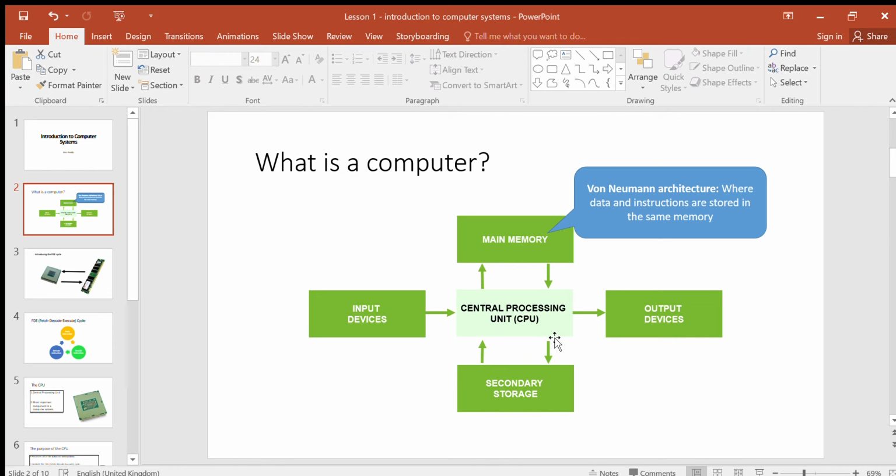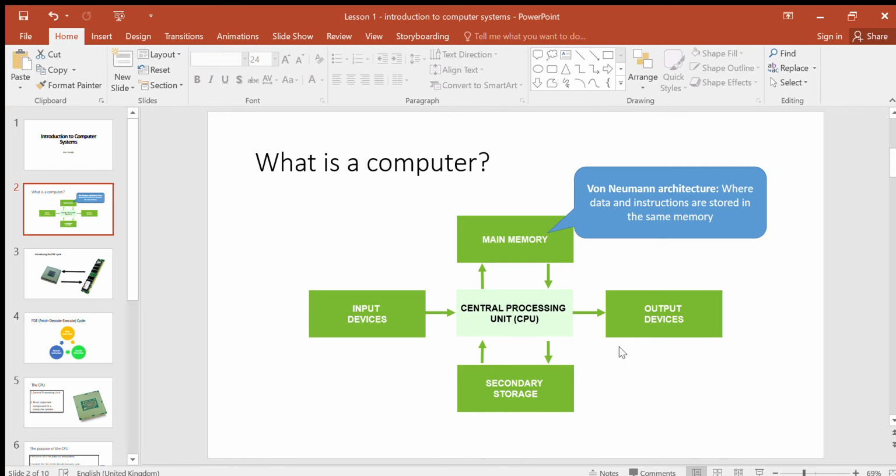The processing occurs and it will be displayed as some form of output. Whether that output is on the screen, through a speaker, or the light on your games controller, it will be some form of output. So there we have a really basic computer system. Obviously at GCSE level, we're now going to delve into breaking that down further.